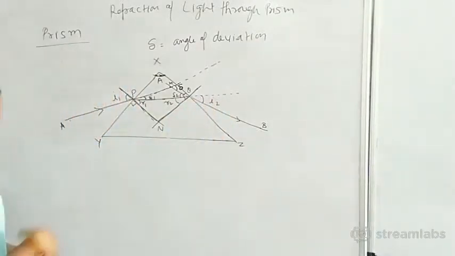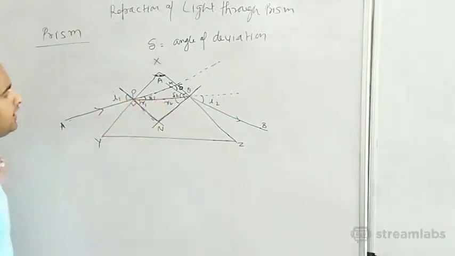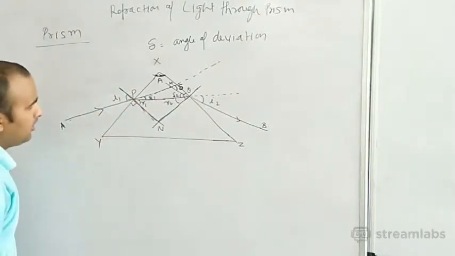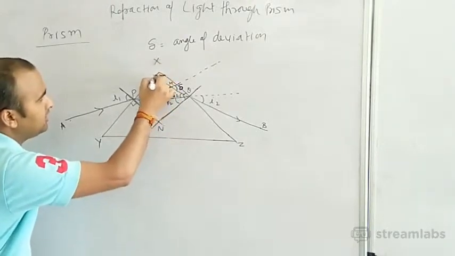So I need to create a relation here. So how can you create the relations? Let us see how. So first of all, I take here a triangle X, like this way.